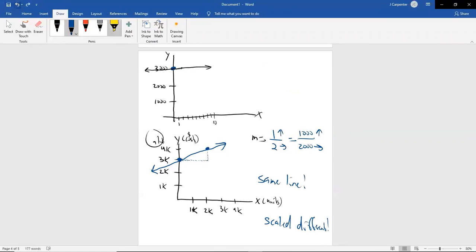But if you actually write the equations out there, which I will be demonstrating in my class on Thursday, this one would say y equals 0.5x plus 3,000. And this one would also say y equals 0.5x plus 3,000. Same equation, same information, same application, just a different picture based on scale.